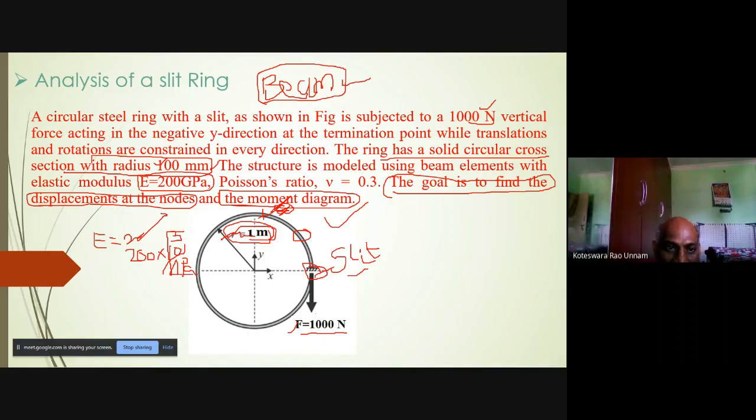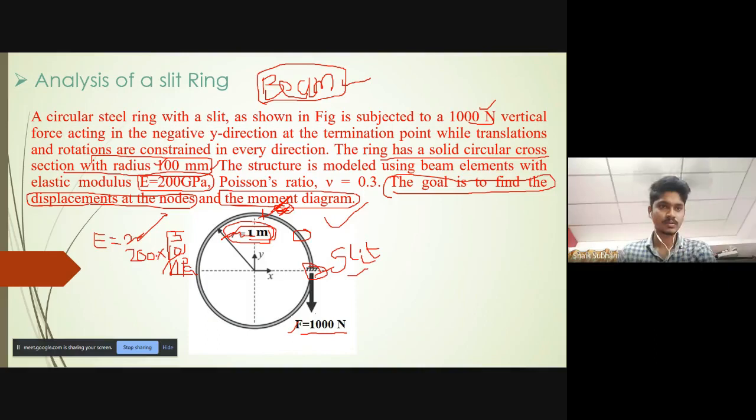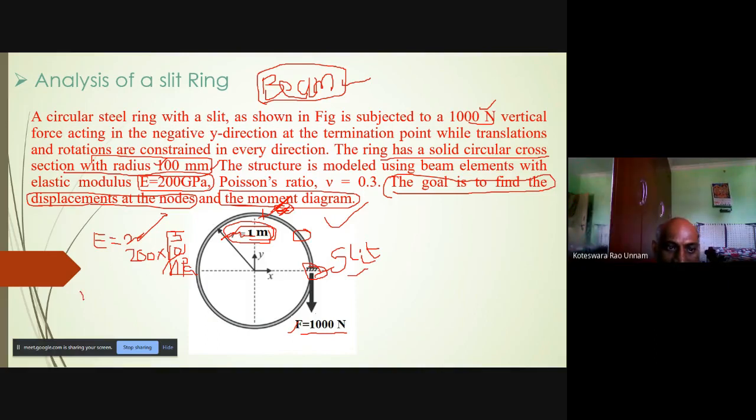So 200 into 10 cube megapascal. And 1 megapascal equals 1 Newton per mm square. That's what we required. We want the Young's modulus in terms of Newton per mm square.